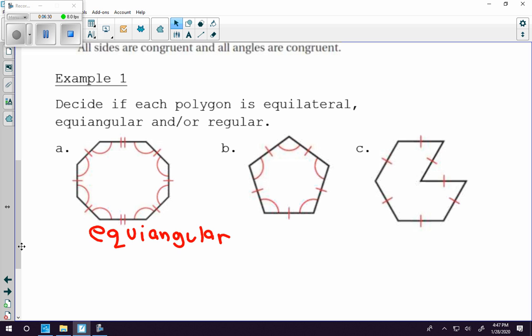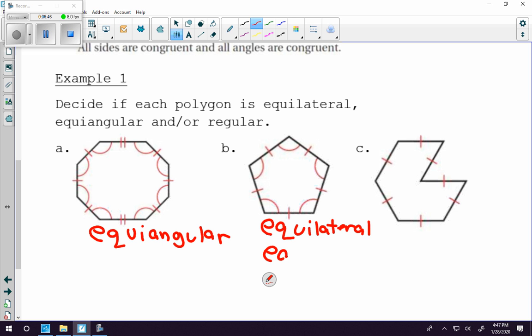Letter B, I notice that all of the segments are congruent, so it's definitely equilateral. And then I look at each interior angle, and they each have the same amount of swoop marks, if you will, so it is also equiangular.